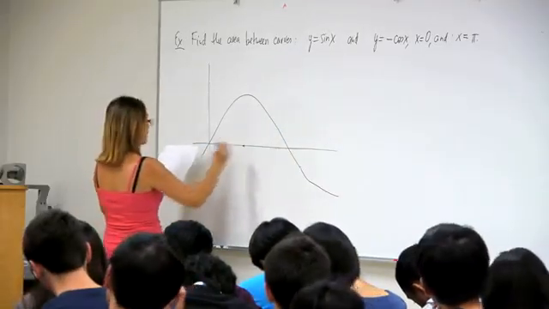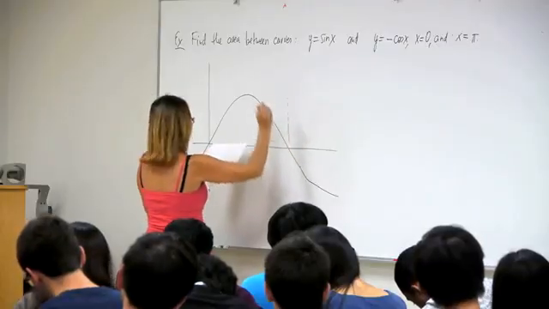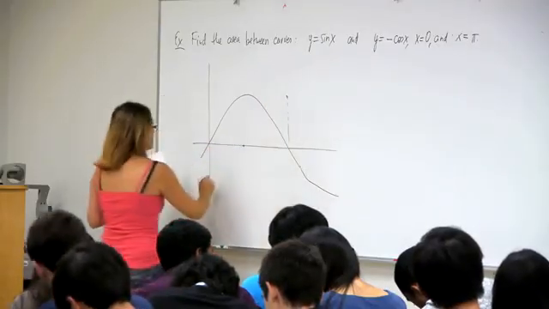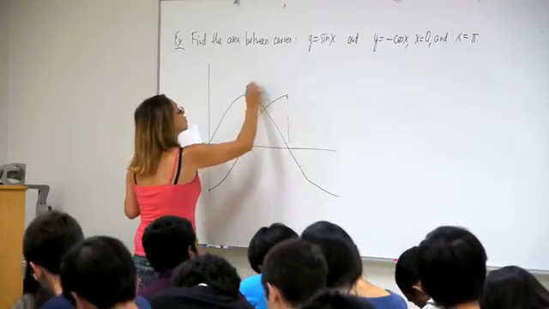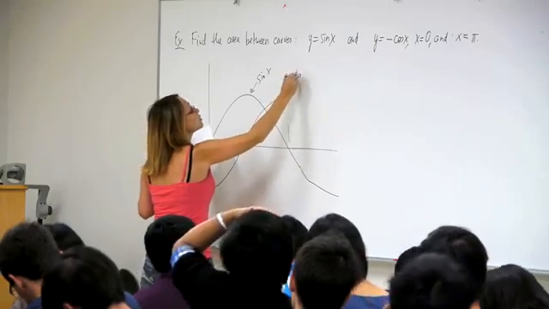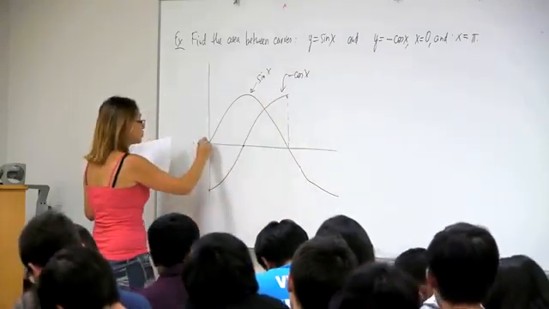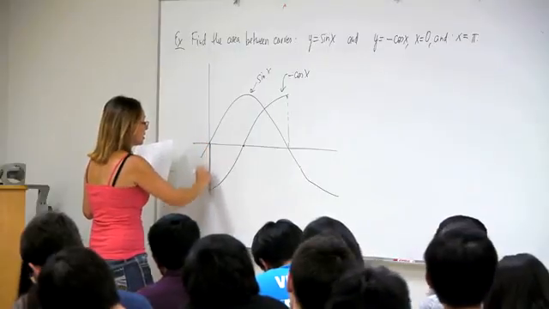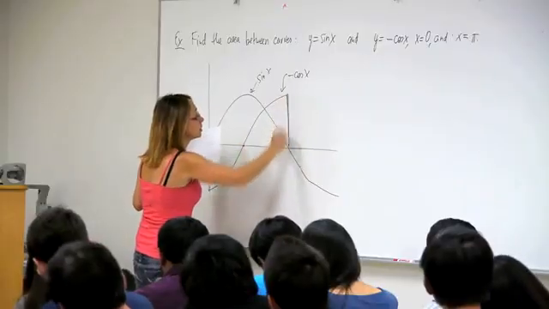So negative cosine goes through these points. So this is sine x. This is negative cosine x. And I have to evaluate the area between x equals 0 and pi.